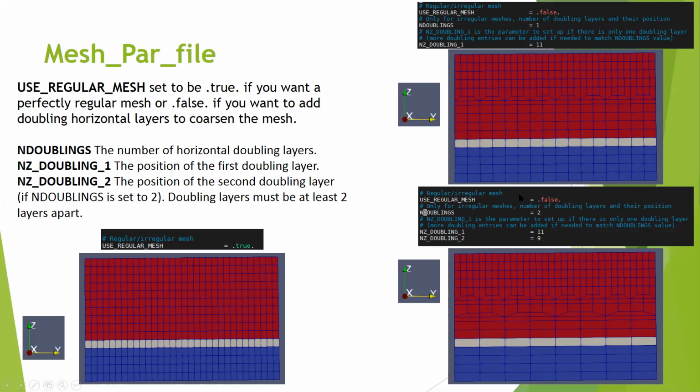If you define the number of doubling layers as 2 and the position of the second doubling layer as 9, it means in deeper regions the length will become longer and longer. You can also give larger numbers like 3, 4, or 5, but then you need to define more parameters here, NZW3 and NZW4.